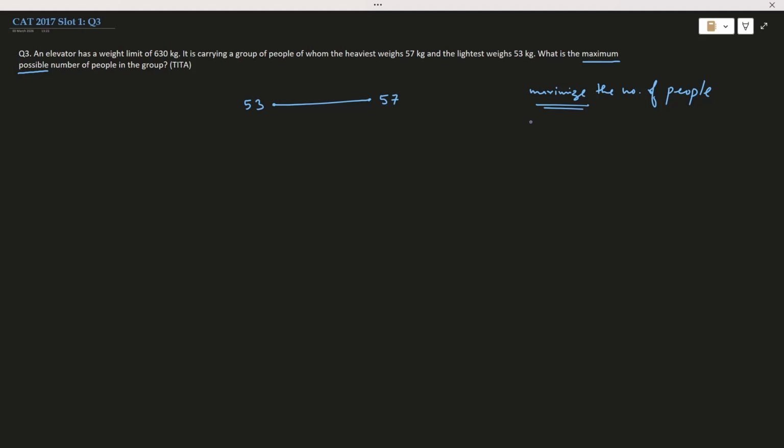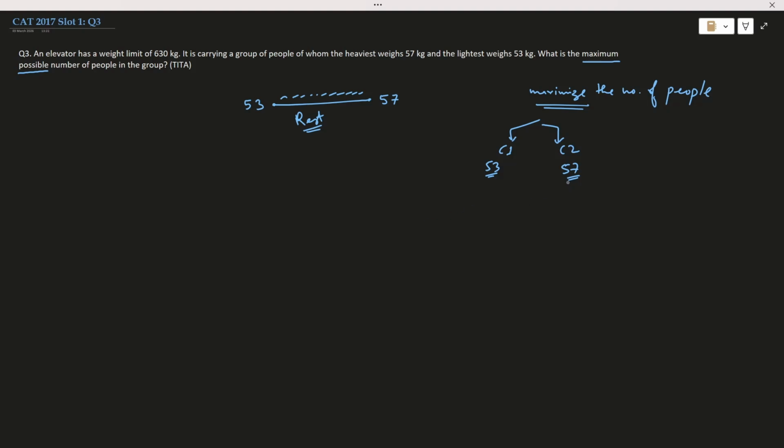Okay, there are two cases, case 1, case 2. When the rest, meaning in between, some number of people will be there. The weights of the rest of these people can be nearer to 53 or nearer to 57.